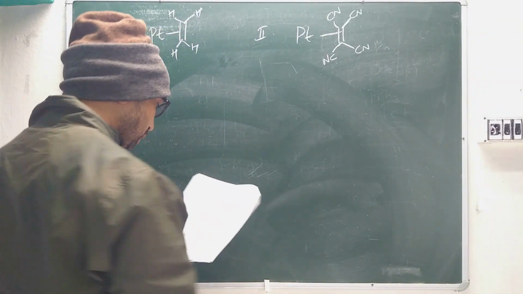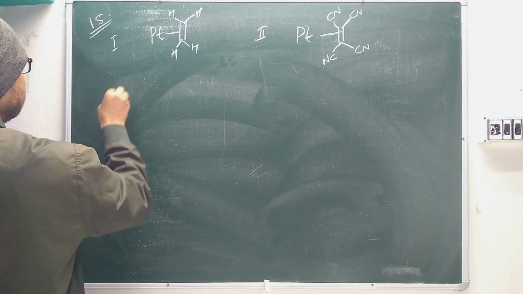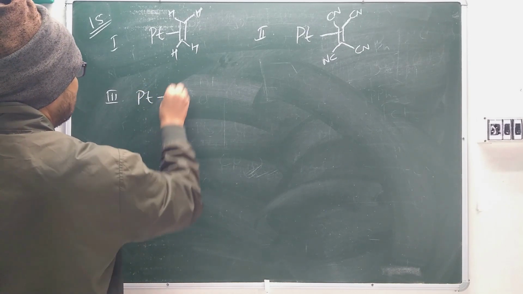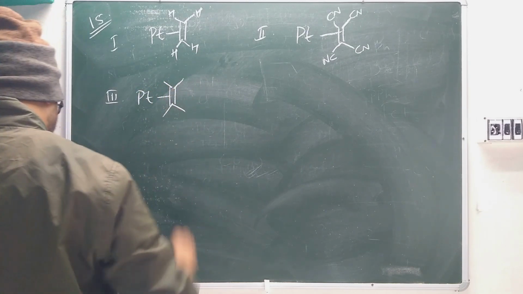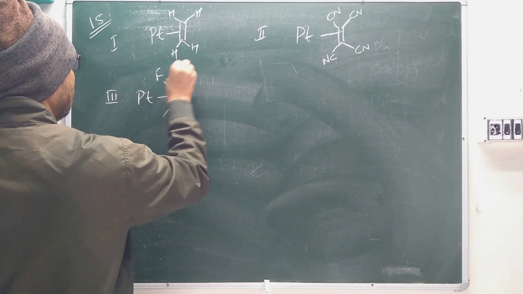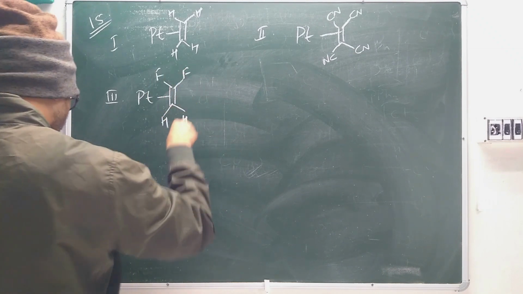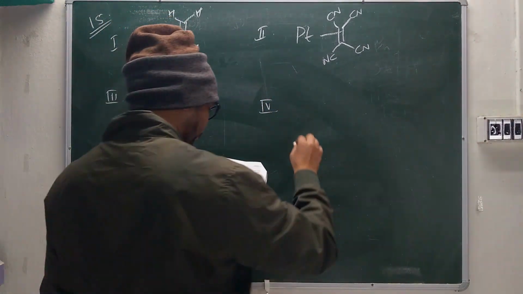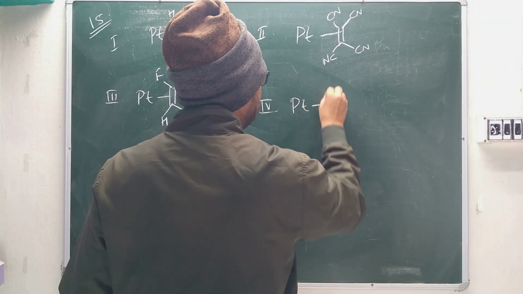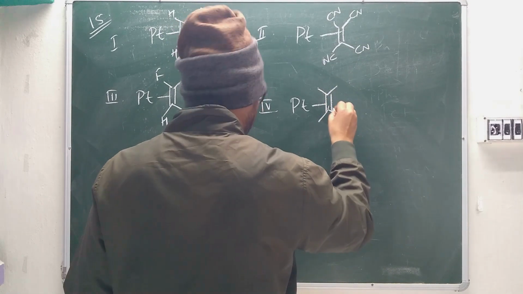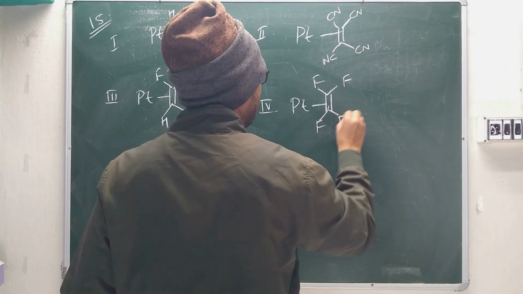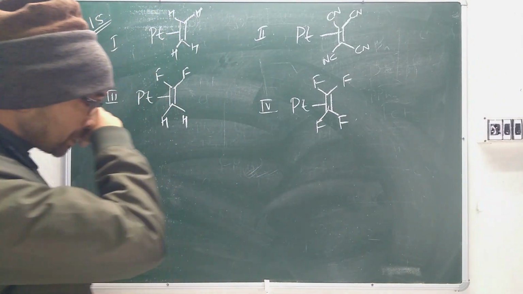And then the third one we have platinum, and then fluorine, hydrogen and hydrogen. Then the fourth one we have platinum, and then fluorine. These are the four structures.